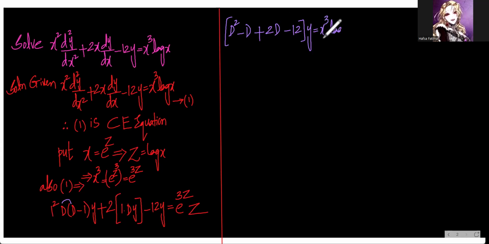Sorry, not x cube. It is already we have completed this part. This is e power 3z into z. So further, if you simplify, d square is as it is. 2d minus d is d only. Minus 12 into y is equal to e power 3z into z. Let us call it the second equation.